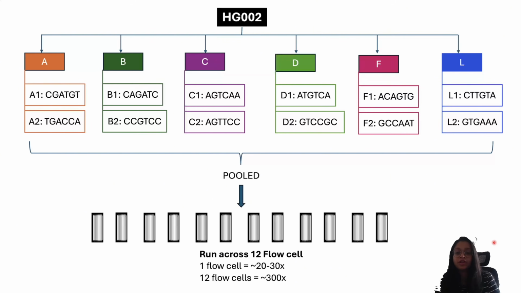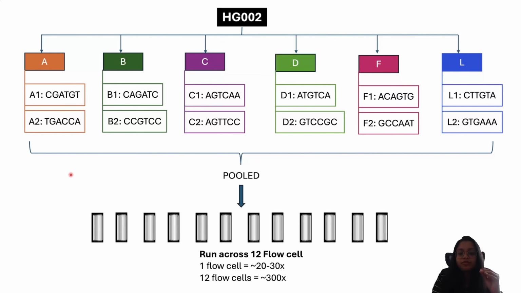So instead of creating new libraries for each flow cell, the same 12 libraries were pooled and sequenced across multiple flow cells. After each sequencing run, demultiplexing separated the reads by the index or the barcodes, and hence you see the same 12 sample folders in every run across each flow cell.